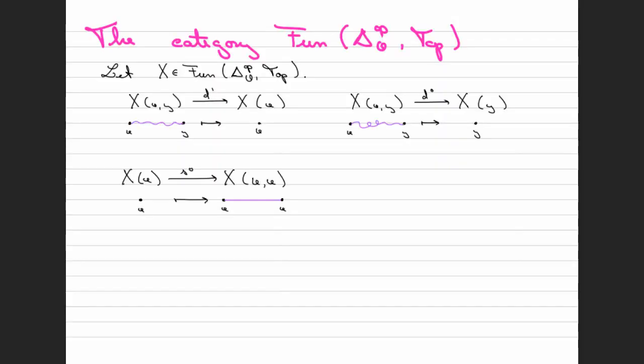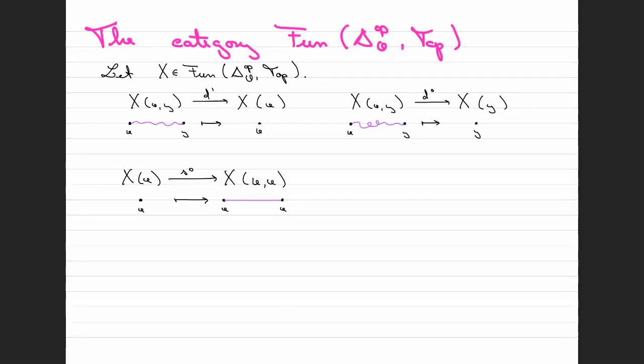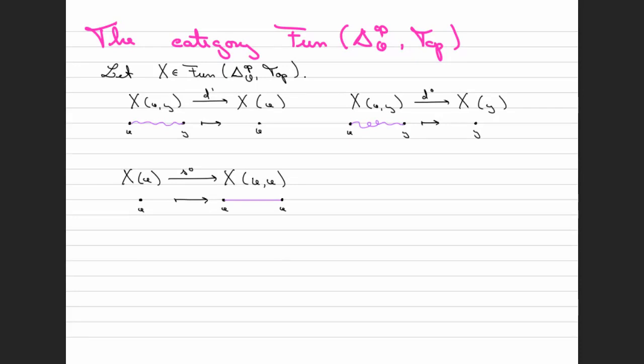Moreover, if you have a point x, you can also obtain a sort of degenerate line that never leaves the point x. So the fact that you have these maps d1 and d0 that give you the start and the finish, and the fact that you have this map s0 that takes a point and gives you something that never leaves this point, really gives you the feel that things here should be thought of as lines. Then we move up a dimension.